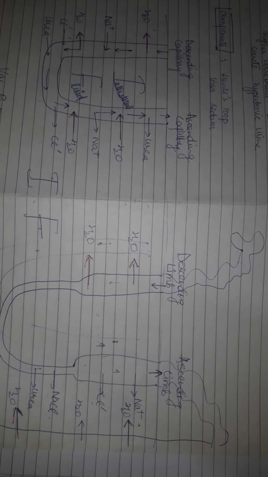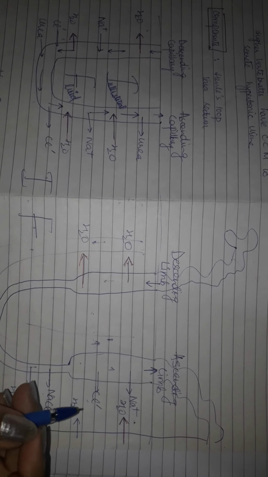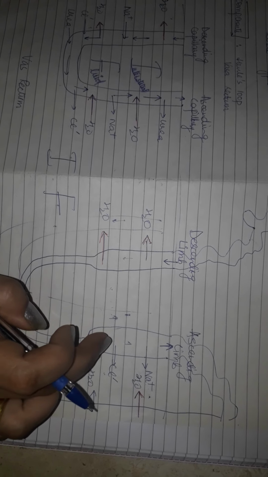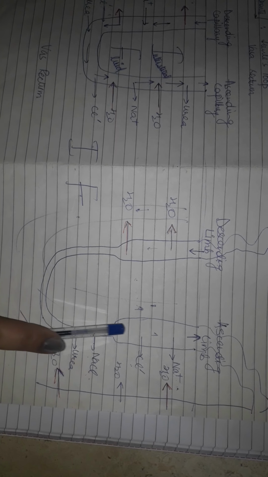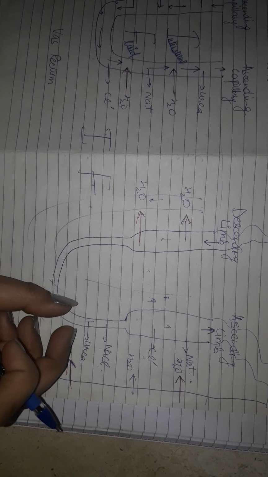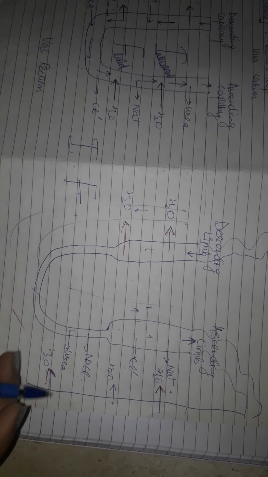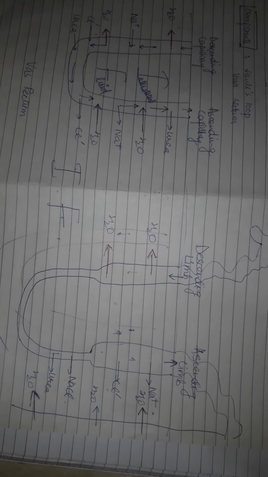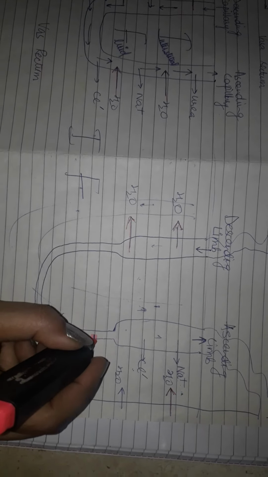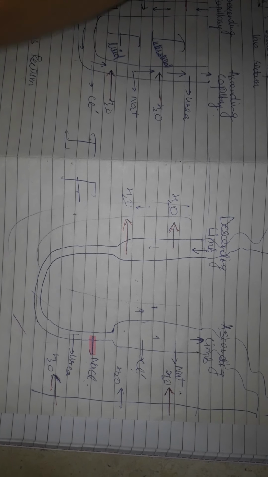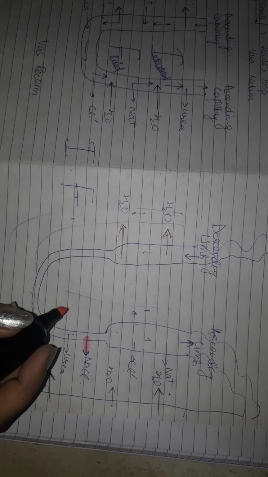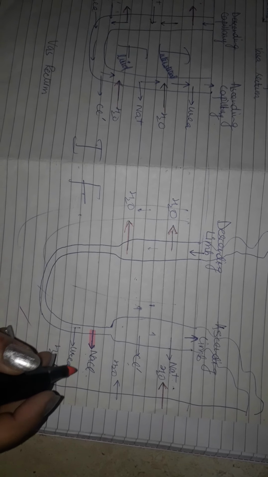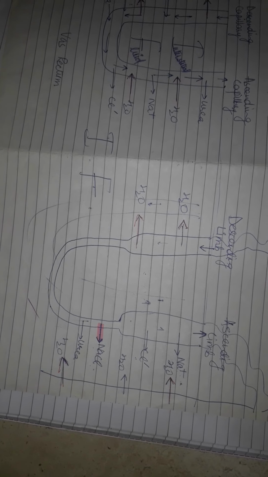Now, as the filtrate passes through the ascending limb of loop of Henle, in its narrower region, you can see it loses sodium chloride by diffusion to the interstitial fluid.